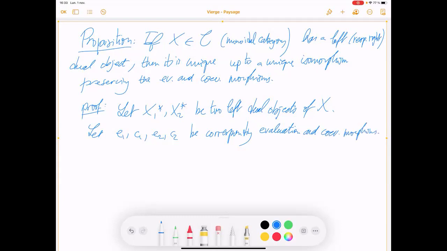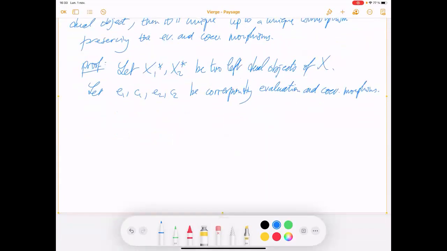So E1, C1, the evaluation and co-evaluation for X1 star, and E2, C2, the evaluation and co-evaluation morphisms for X2 star. Now we want to make a morphism between X1 star and X2 star.